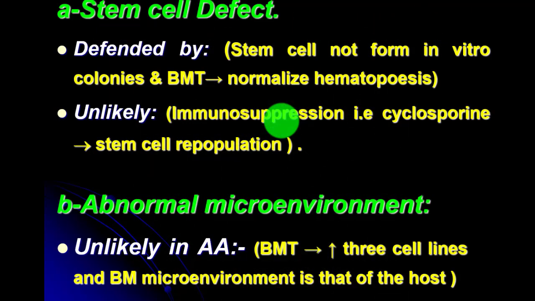Aplastic anemia: a stem cell defect defined by stem cells not forming colonies in vitro, with normalized hematopoiesis unlikely. Immune suppression, cyclosporin, stem cell repopulation.